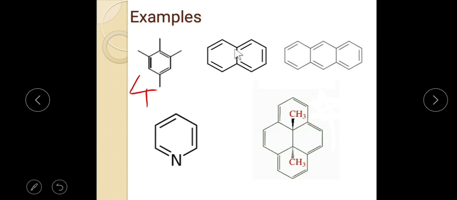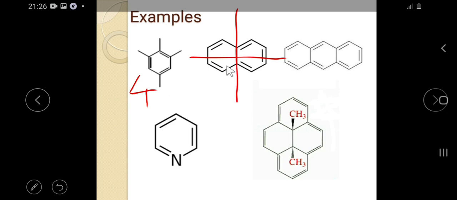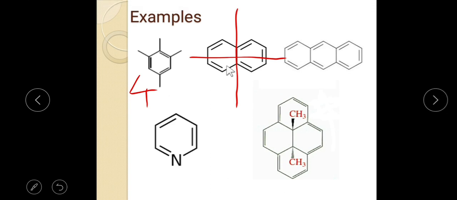Now in case of naphthalene, how many signals are possible? Just draw a plane from here and a plane from here. Understood? Now there are 4 equal parts. So you need to calculate only 1/4, or only this part. Okay, so how many protons are there on this part and the axis?